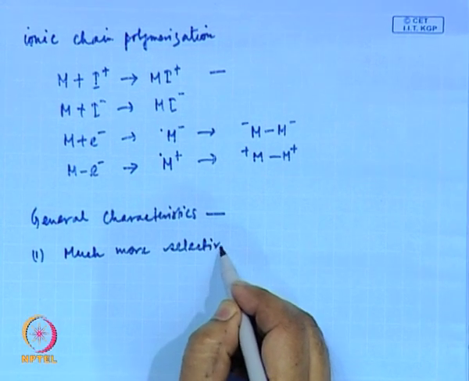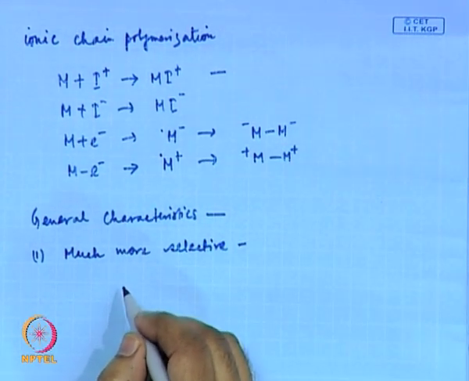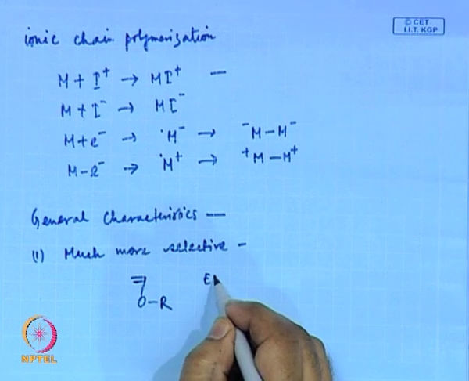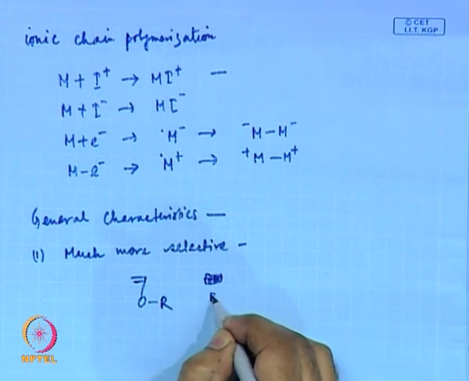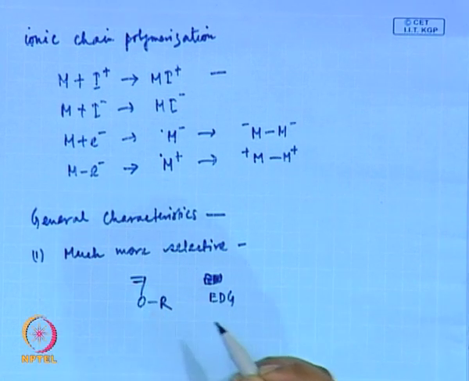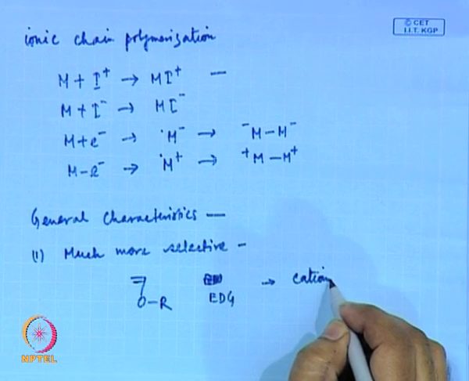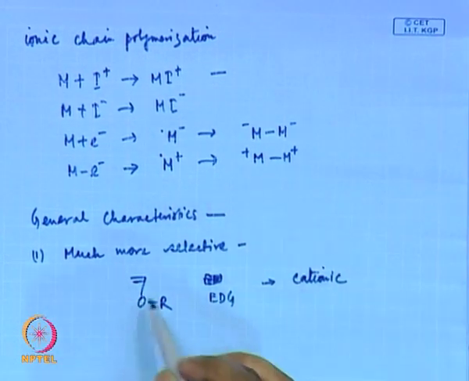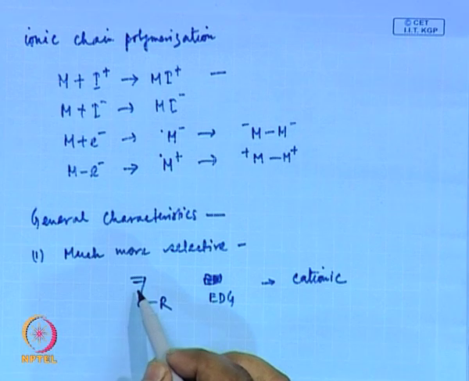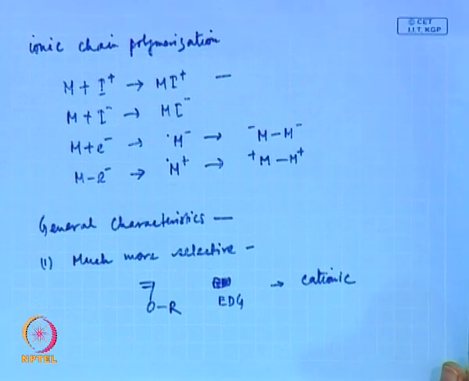Now, while we started our discussion on chain polymerization, we talked about monomers like this ether, which has an electron donating group, like the oxygen, whose lone pair can be donated if it has a cationic center here. This type of monomer can be polymerized by cationic chain polymerization, because the resulting cationic propagating species can be stabilized by electron donation by the oxygen atom here.